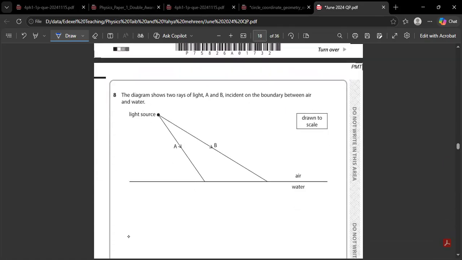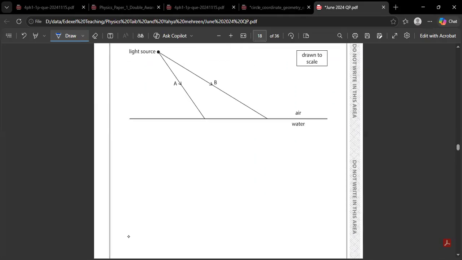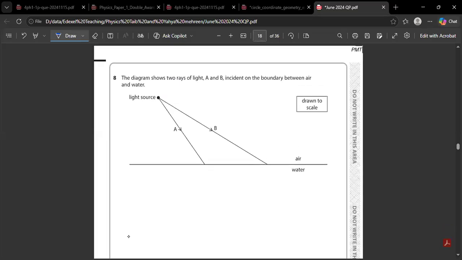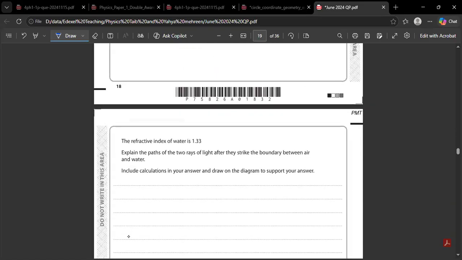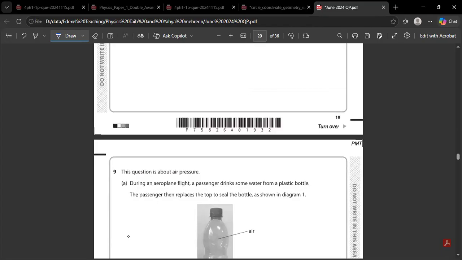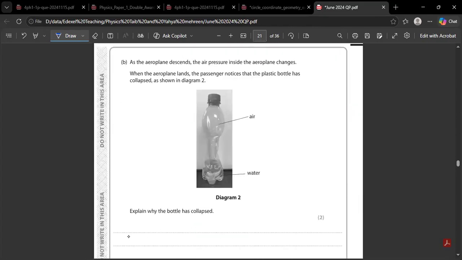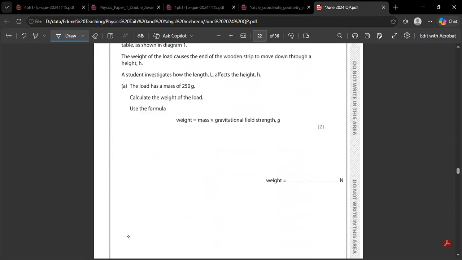The diagram shows two waves of light A and B. Are the waves coming in the exam? Okay, so this question is related to light and waves. Inshallah, we'll be doing it in the next class, tomorrow. And this question is related to pressure. Inshallah, we'll be completing this paper tomorrow.